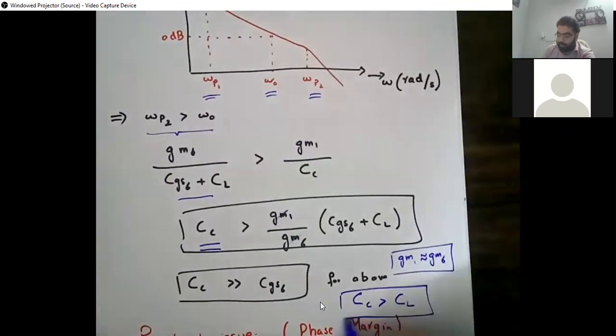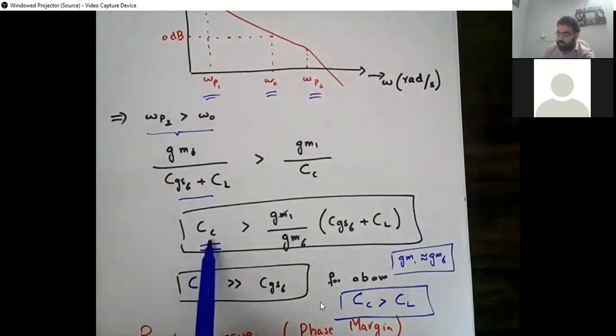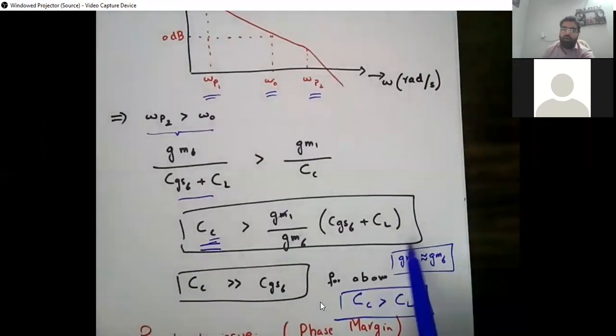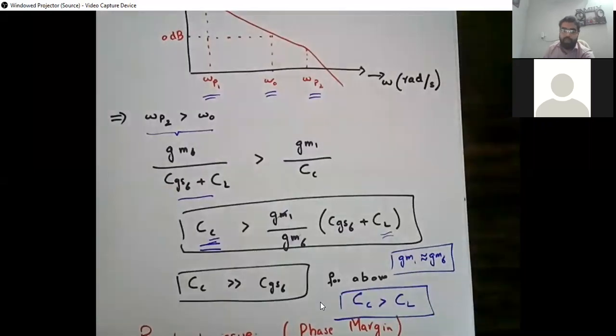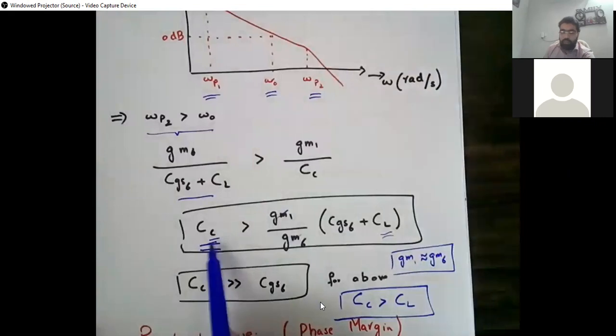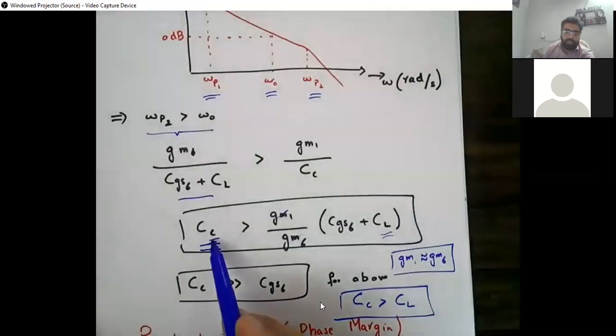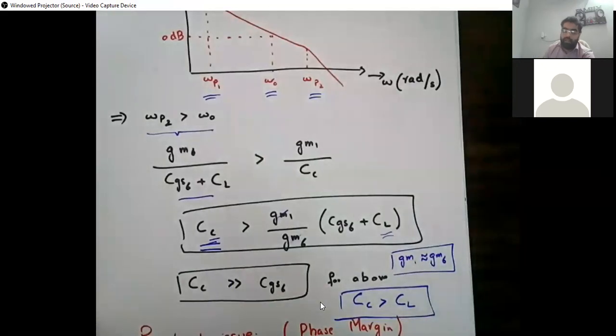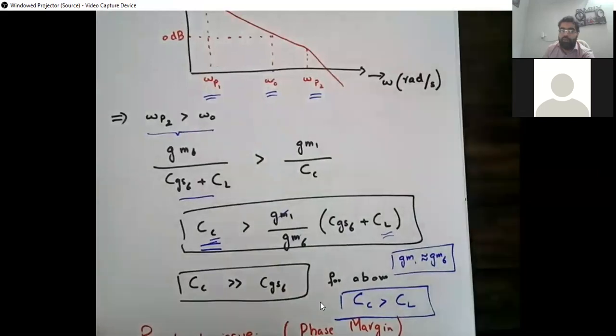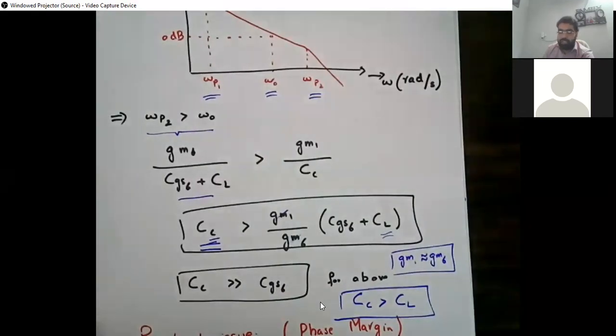Now, whenever I have CC or CL, I will calculate the value, because these are both provided, or when I'm a designer I will place these values. They are not parasitic values, so I have to place these capacitors CL and CC. So as a designer I have to find those values through one value or another. I will either take the CC value from somewhere and then find CL accordingly, or assume the CL value and then calculate the CC value accordingly, to ensure a good phase margin.